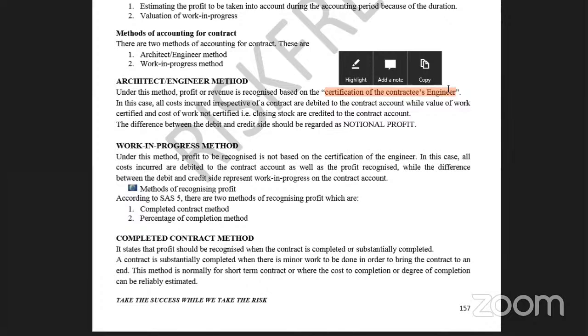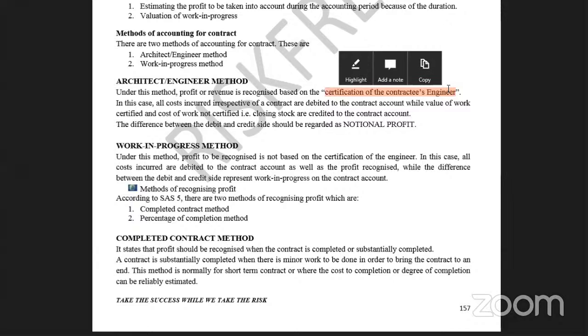The engineer that the government will send is the one that will say, okay, looking at this work and valuing what you have done, I think you have been able to do a job that we can call 1 billion naira worth of job. Now, that certificate that will be given by the architect or the engineer is what the government will pick to tell you that that is the amount you are owing me.